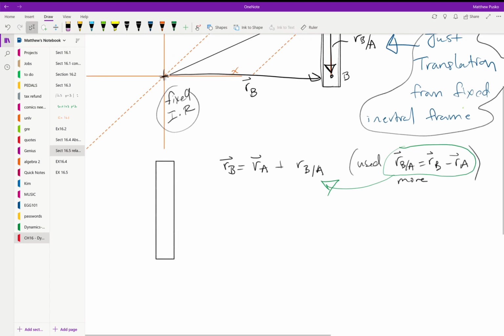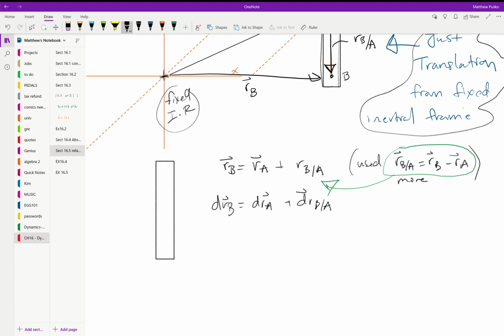This is your book definition for the motion of B with respect to A using position vectors. But what we want to look at is the differential movement. dr of B is equal to dr of A plus dr of B with respect to A.